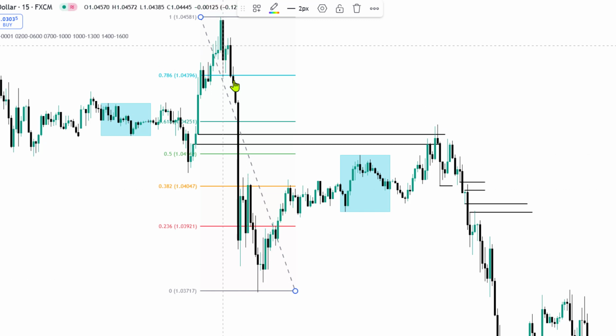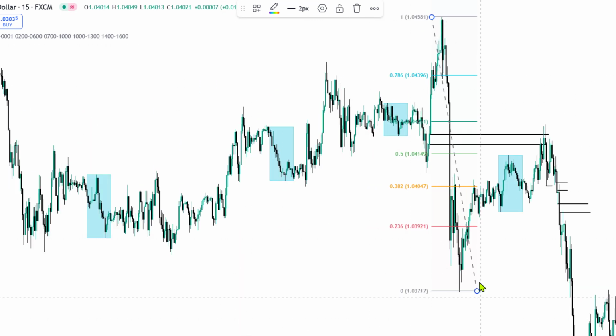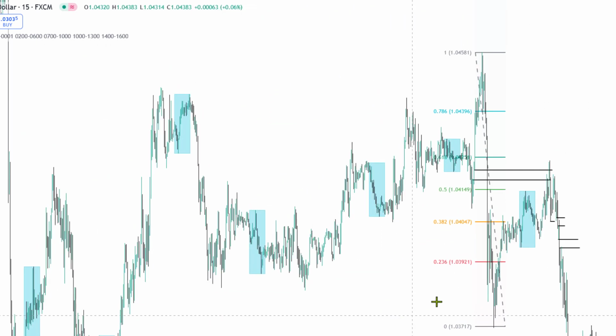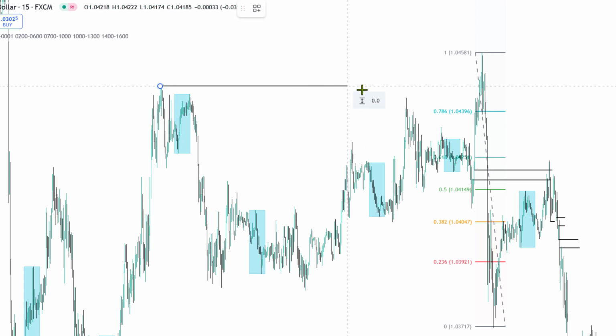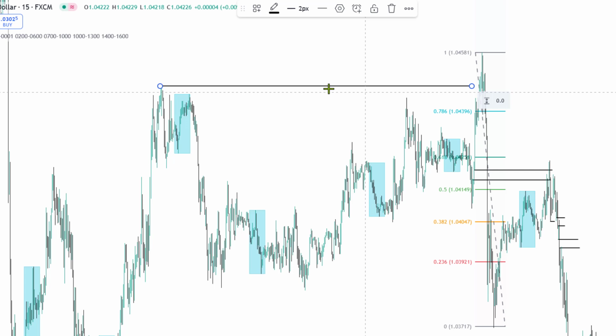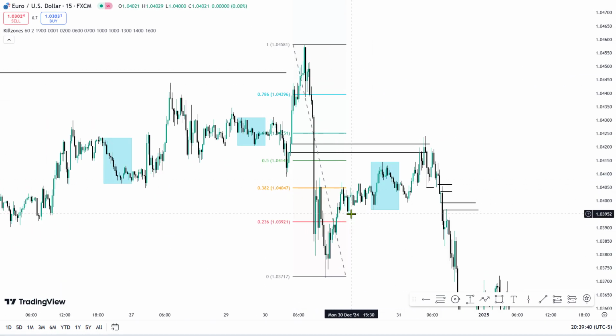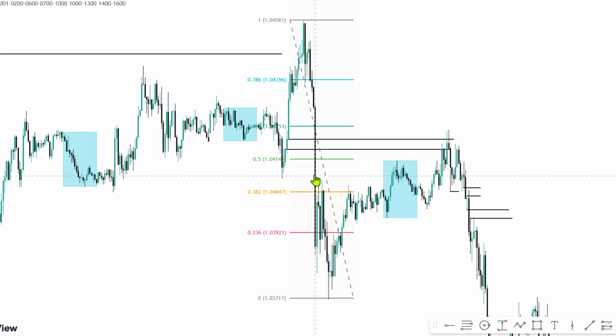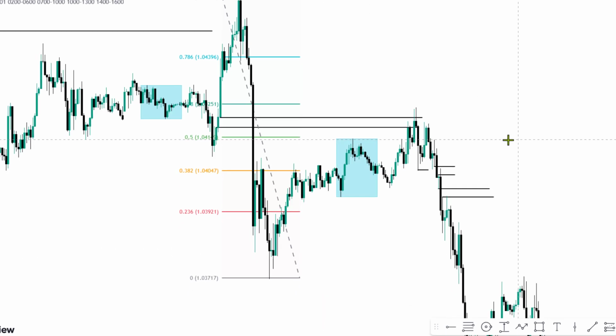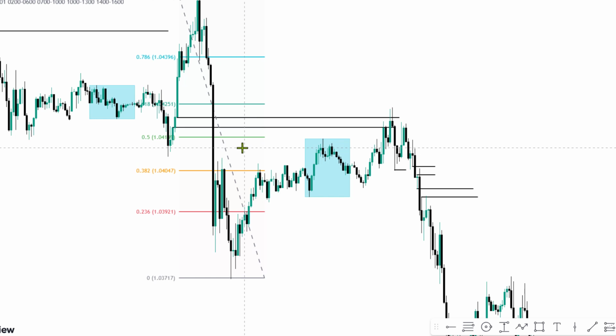After creating this displacement, price took out the buy side liquidity pool residing above the previous high and created a shift of market structure bearish, which is a typical reversal pattern. Liquidity taken, shift of structure bearish, price traded above 50%. We'll start to look for entry patterns above 50%.